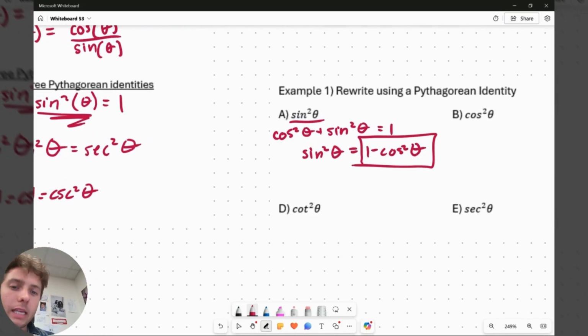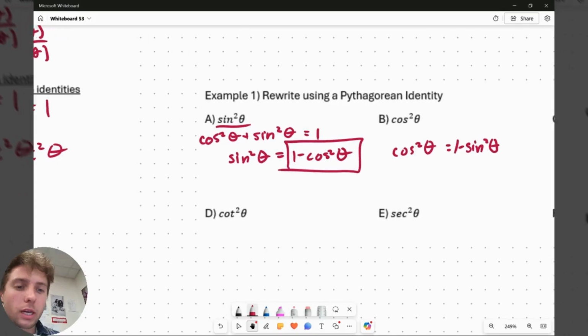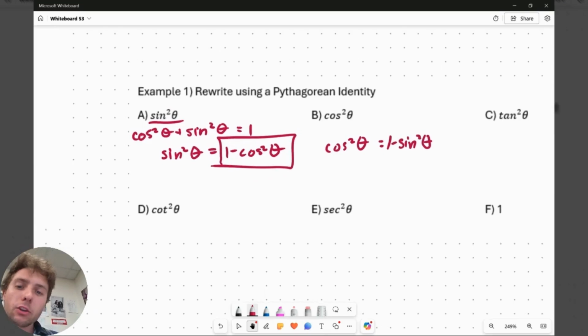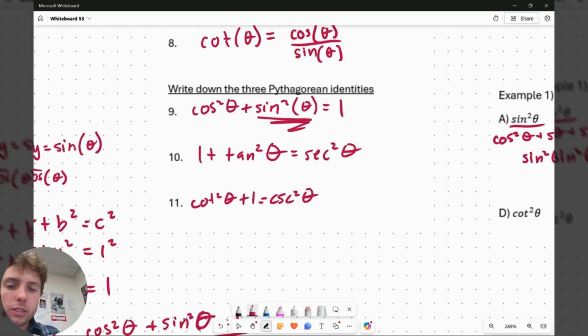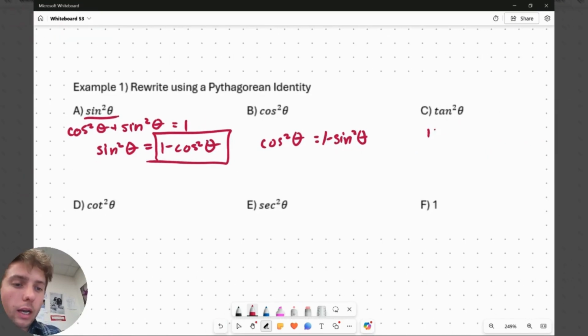You can do that same idea for cosine squared. Instead, you could subtract the sine squared over to get cosine squared theta equals 1 minus sine squared theta. And you could do that for each of these. If I want tangent by itself, that's 1 plus tangent squared equals secant squared.